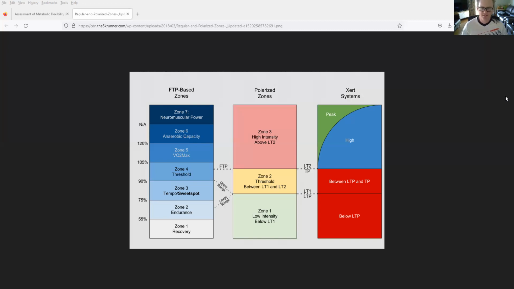You will know when you get to zone 3, because sometimes we interchangeably use the term ventilatory thresholds in place of lactate thresholds. It's not perfect and it's not ideal language, but it does correlate quite closely together.